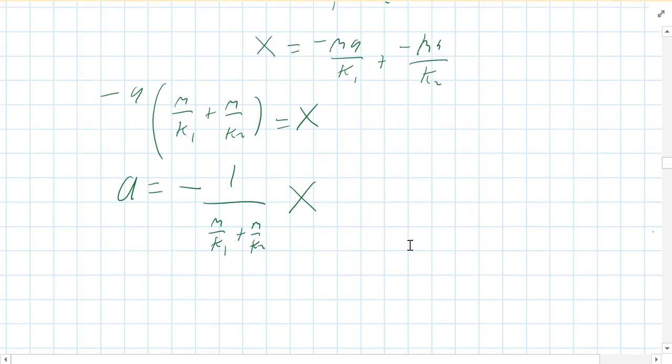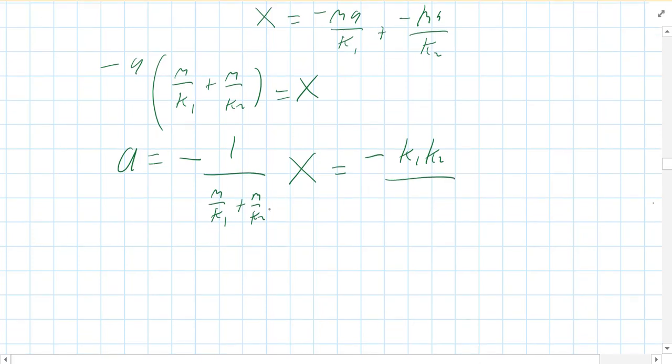So what I'm going to do is multiply by k1 k2 on the numerator and the denominator. So then I get negative k1 k2 over, if I multiply each of these bottom fractions by k1 k2, the first one becomes an mk2, and the second one becomes an mk1.